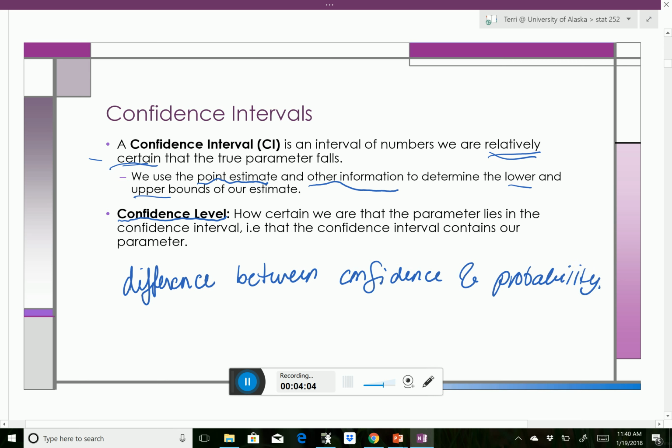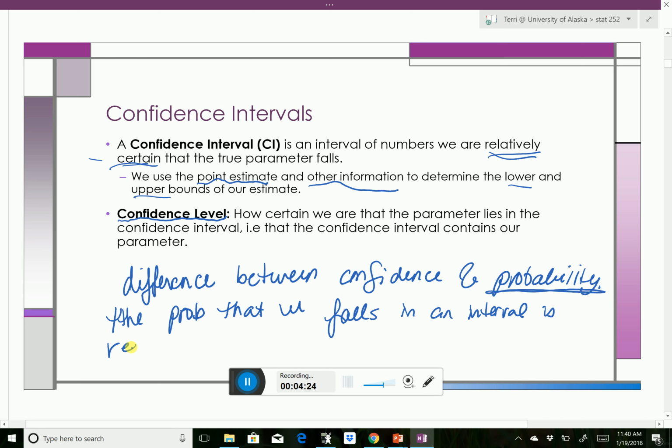We won't be talking about probability necessarily, because the probability that mu falls in an interval is really only 1 or 0.